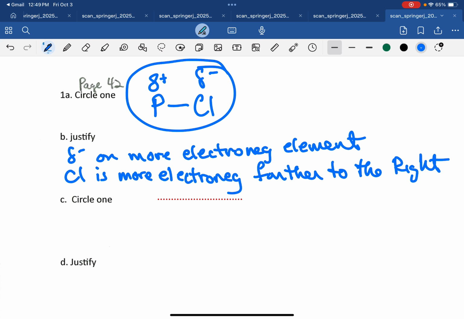Letter C, we're going to circle one, and we've got oxygen and selenium. Oxygen and selenium are in the same column on the periodic table, but oxygen is nearer the top. So we're going to put the one where oxygen is more negative.